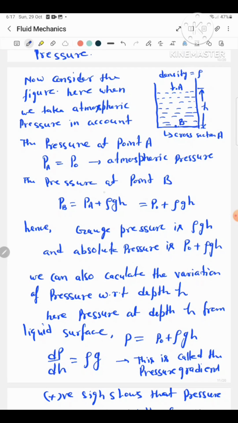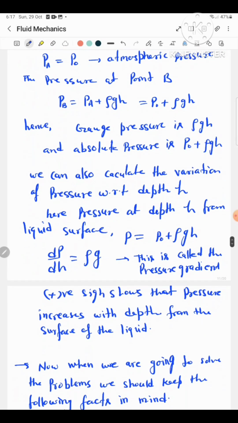Atmospheric pressure means pressure at the surface of the water. The pressure at point B at the bottom of the vessel will be pressure at A plus pressure due to the liquid, P naught plus rho g h.